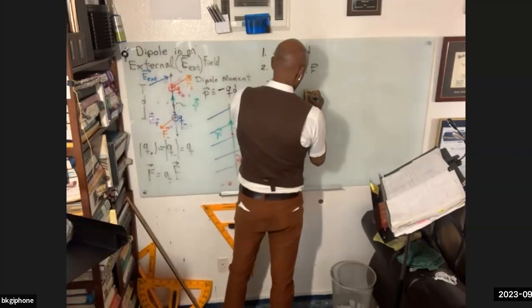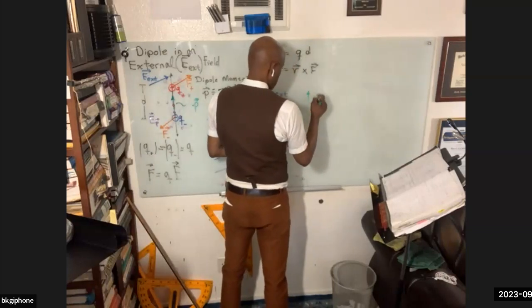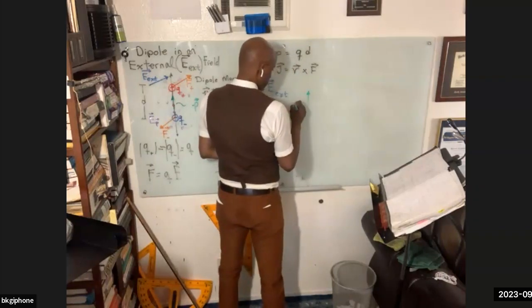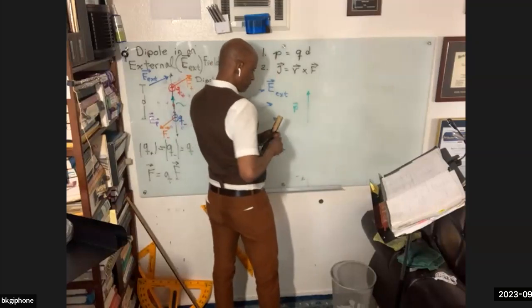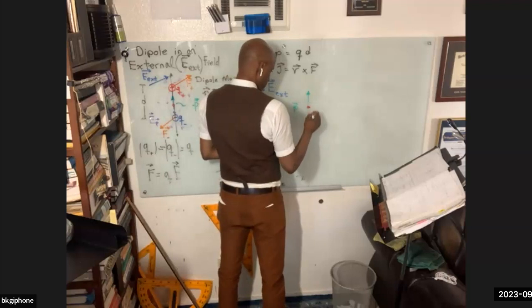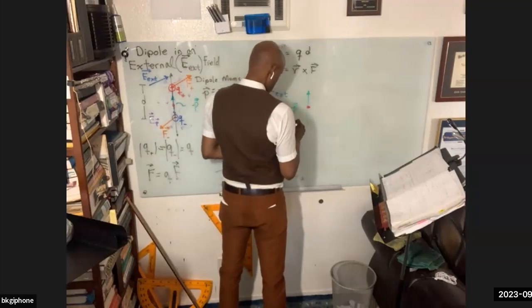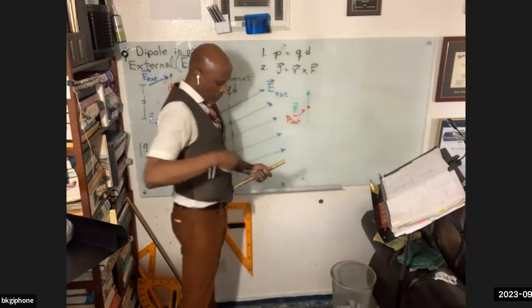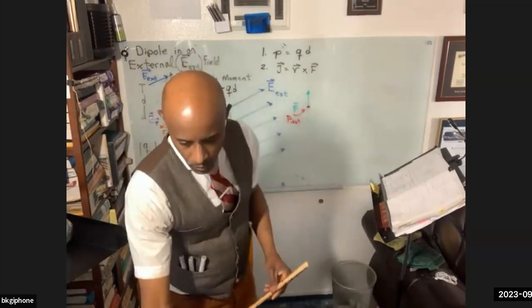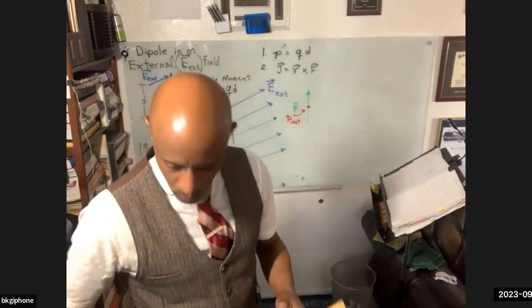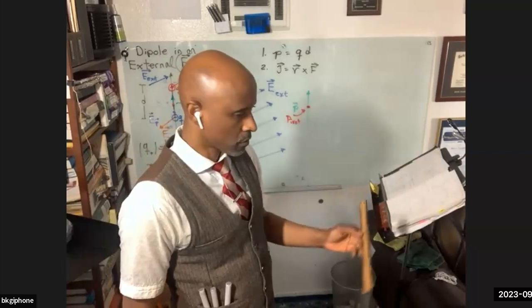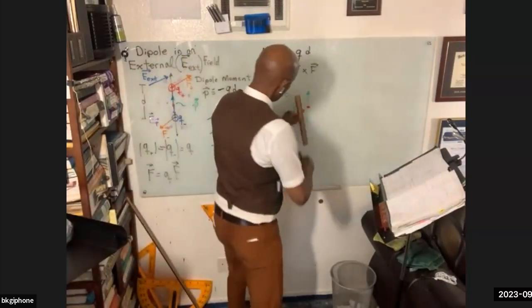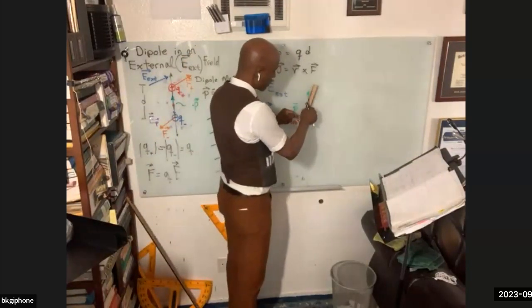So we've got the dipole, pivoted at the center here. Let me just put a hole in the middle of this thing so I can use it. So this thing can pivot like that right now.